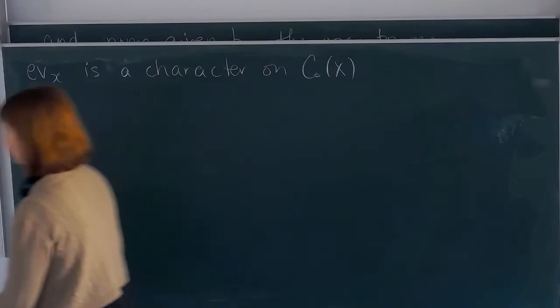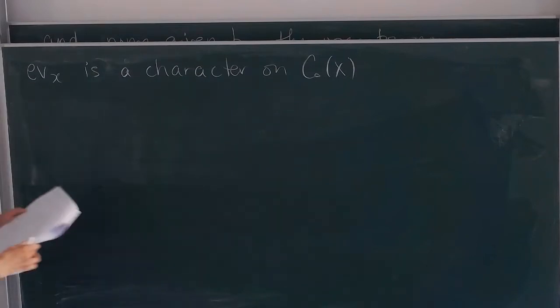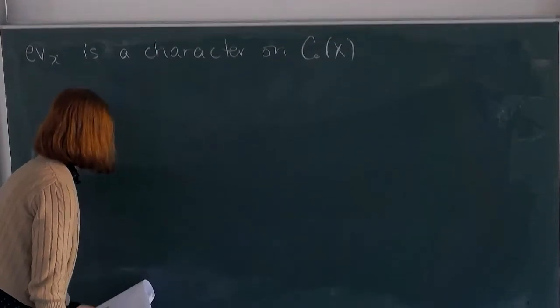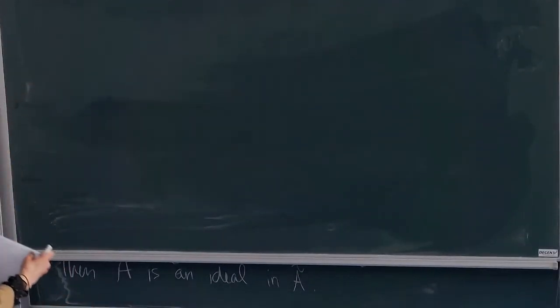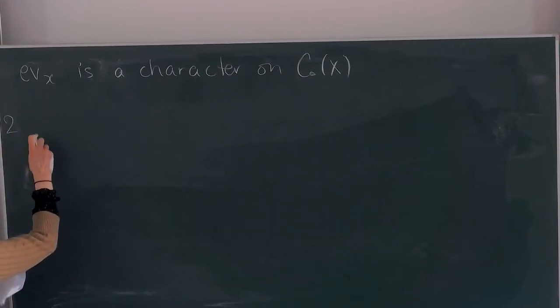So this is a character for C0 of X, and that's an easy thing to check. In fact, we had something a little bit nicer.